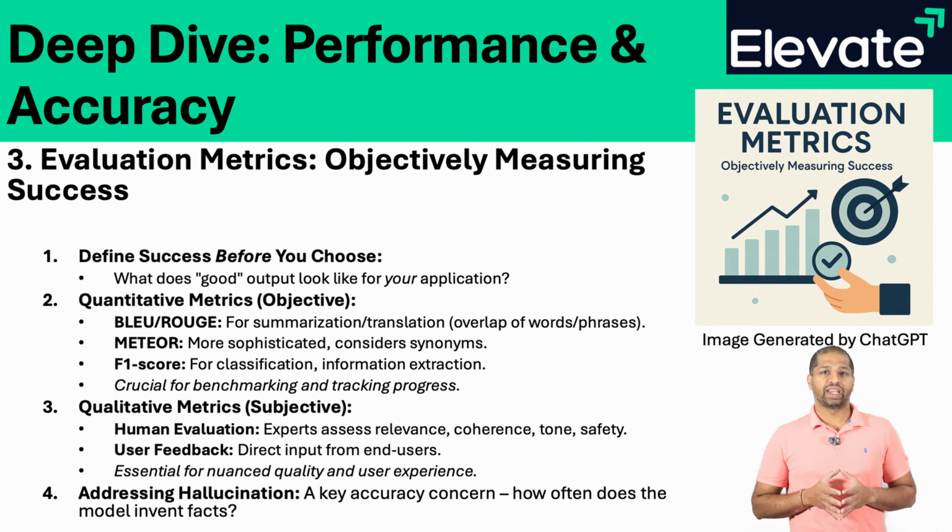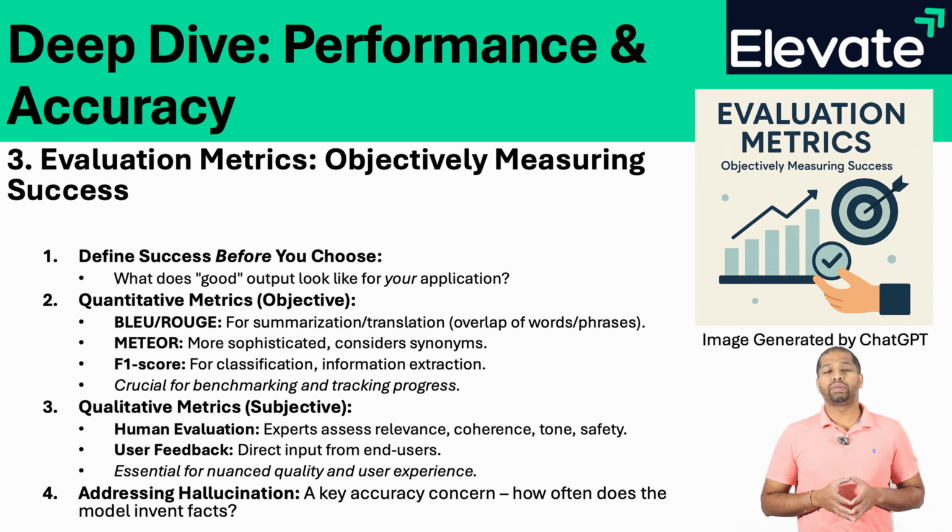A critical aspect of accuracy often missed by purely quantitative metrics is hallucination. How often does the model confidently present false information as fact? Your evaluation framework must explicitly address this. A robust evaluation strategy combines both objective and subjective measures to give you a complete picture of performance.